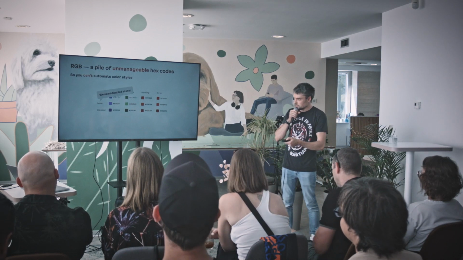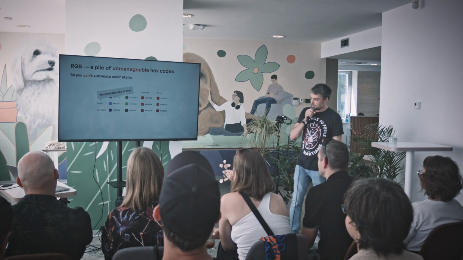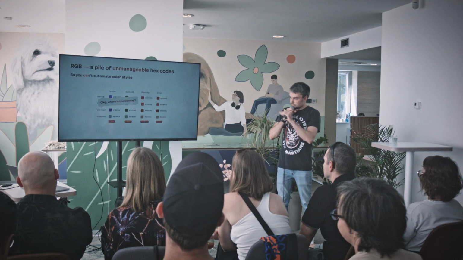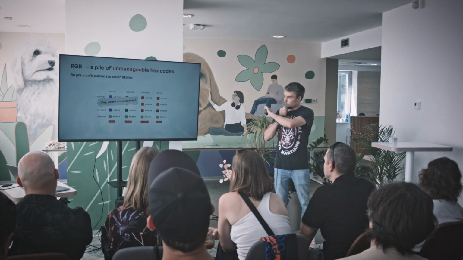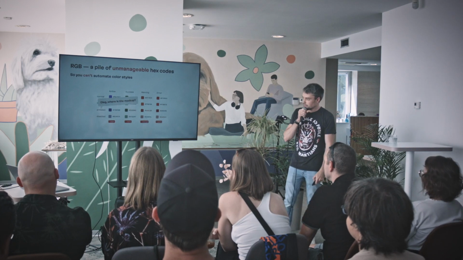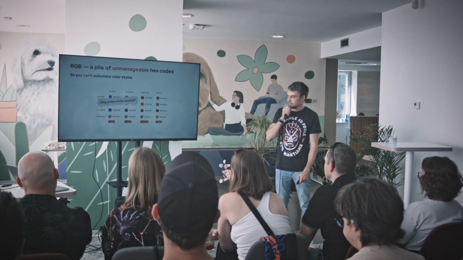And what happens if a developer comes and says, I need a disabled state? The same. You need to create a whole new row of colors, selecting them manually, thinking about consistency, and so on.